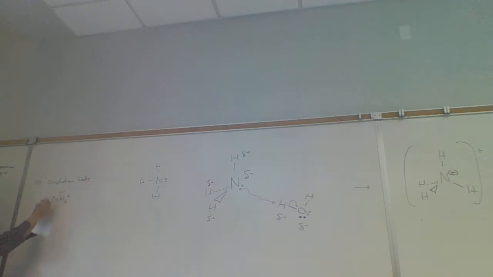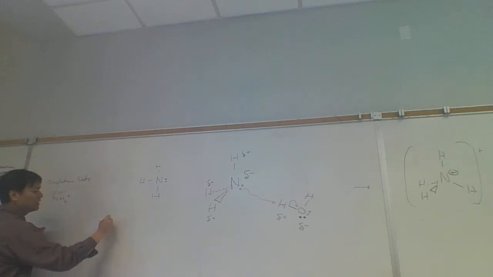Nitrogen is -3. +1 times 4 is +4, -3 is +1, which gives us a net charge. If you look at this, what this is equivalent to is this. Nitrogen ends up with 3 extra electrons. So nitrogen ends up with all the electrons.